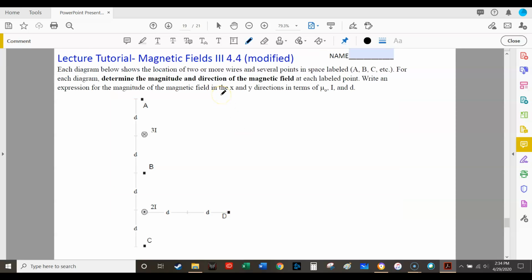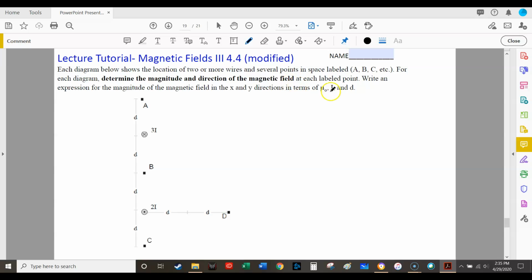Well, let's try a problem, okay? And this is kind of like our tutorials that you're going to do in a little bit. What you want to do is establish the direction and magnitude of the magnetic fields at A, B, C, and D, given a 3I wire pointed into the page, and at this dot is a 2I wire pointed out of the page.